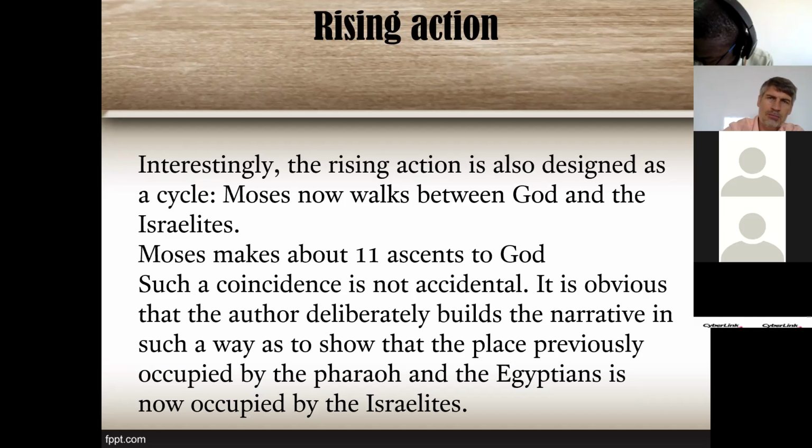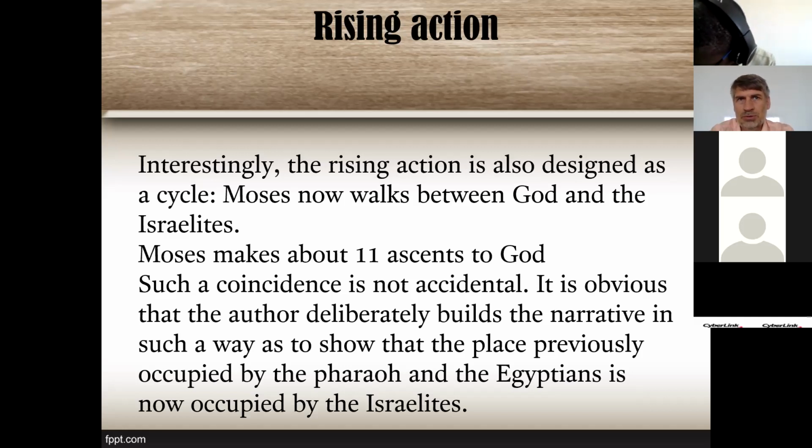Now when God brought his people out of Egypt, and they are at Sinai, the antagonist was not supposed to be in this story.